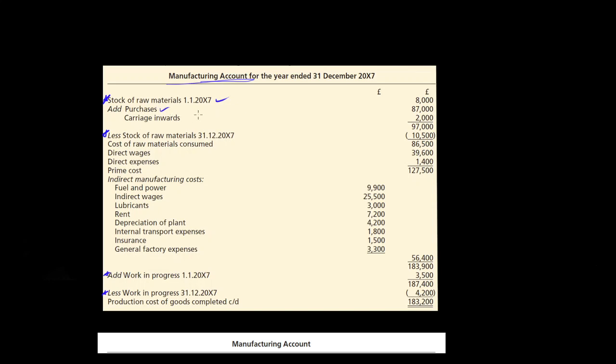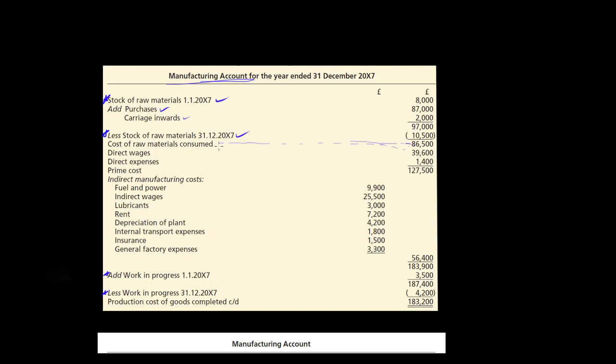The purchases of raw material, plus carriage inward linked with the purchasing of that, less closing inventory of raw material, because we didn't use it, so we minus that. Next, we find the cost of raw materials consumed. So we consumed this much raw material. This is also known as direct material.